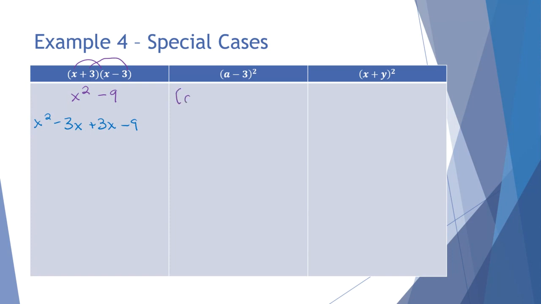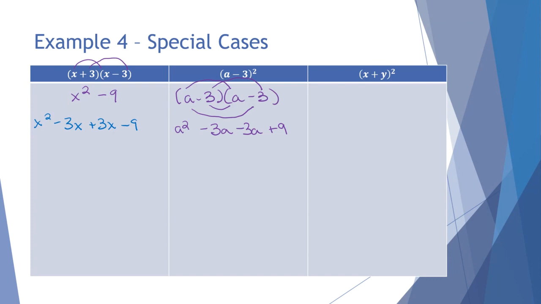Now these next two, these are the ones where I recommend you actually write it twice and then FOIL. So I have a minus 3 times a minus 3. First I'm going to do a times a, so that gives me a squared. A times negative 3 is negative 3a. Then negative 3 times a, so that's negative 3a again. And then negative 3 times negative 3 is plus 9.